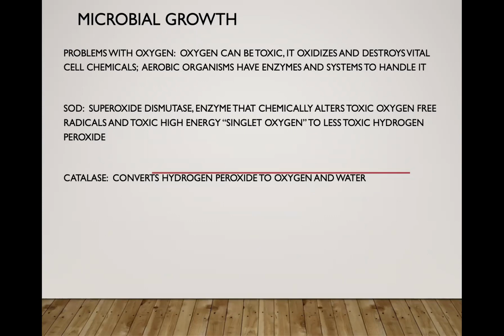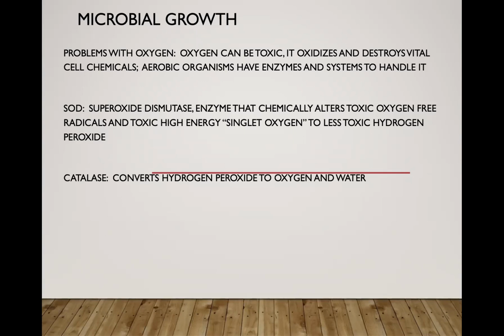Again, for some organisms, particularly those that are facultative anaerobes, the presence of oxygen can be problematic. Oxygen can be toxic; it oxidizes and destroys other chemicals that are present. Aerobic organisms have enzymes and built-in mechanisms to handle oxygen.